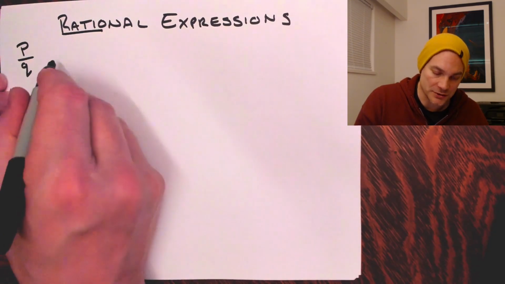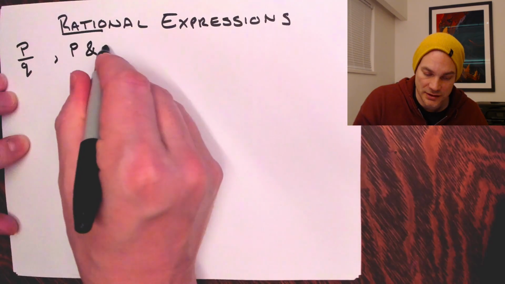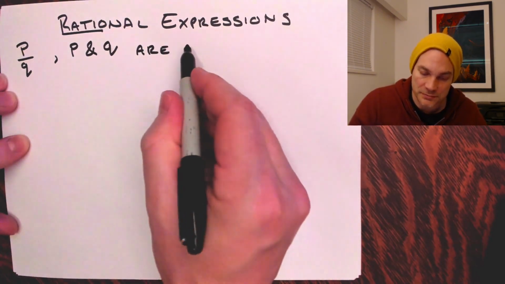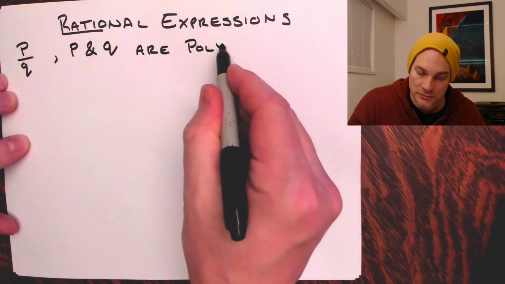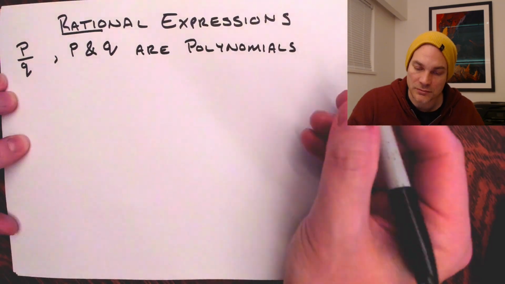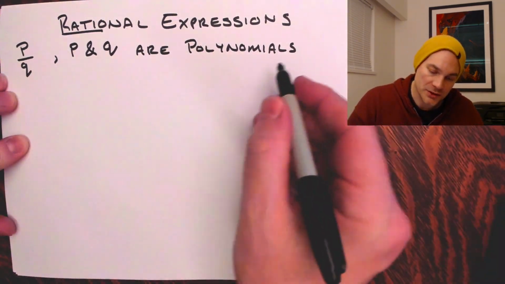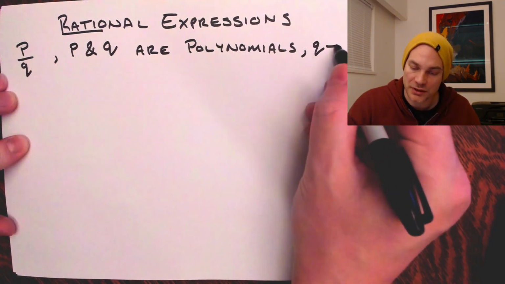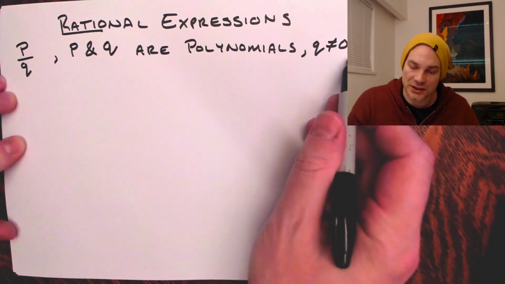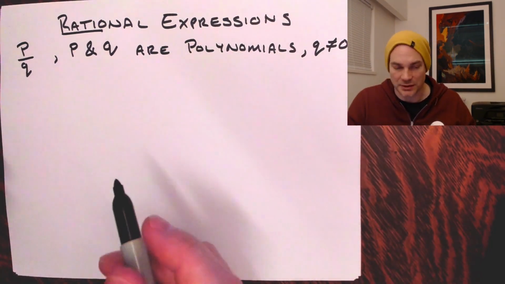So it's P over Q, where P and Q are polynomials, which are functions of x. We also have the condition that Q can't equal 0, because if Q equaled 0, then that's just something divided by 0, which doesn't really make any sense.